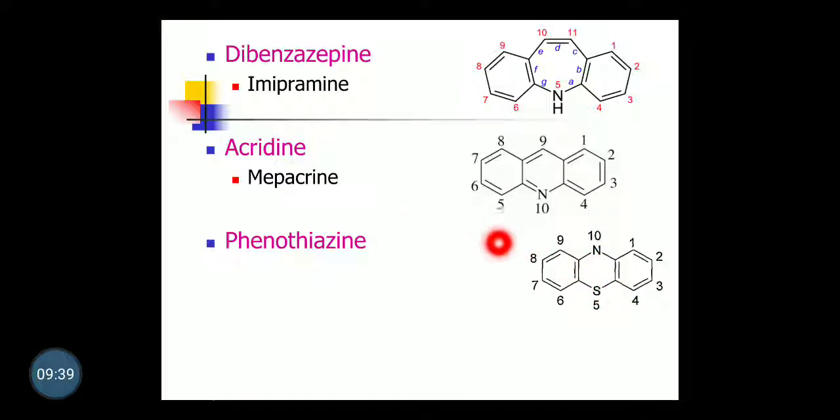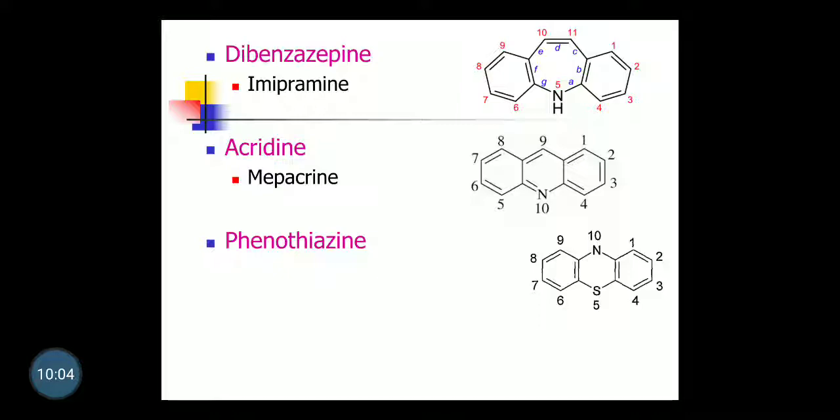So these 2 mnemonics, or clues, we have to remember to learn the numbering pattern of phenothiazine, in which we have to start the numbering in such a way that sulfur gets 5 and nitrogen gets 10. You can start this way also: 1, 2, 3, 4, 5, 6, 7, 8, 9 and 10.